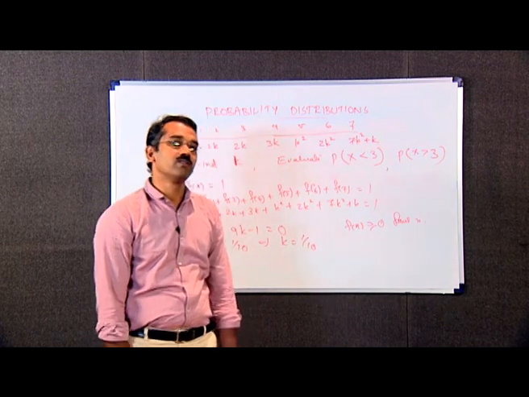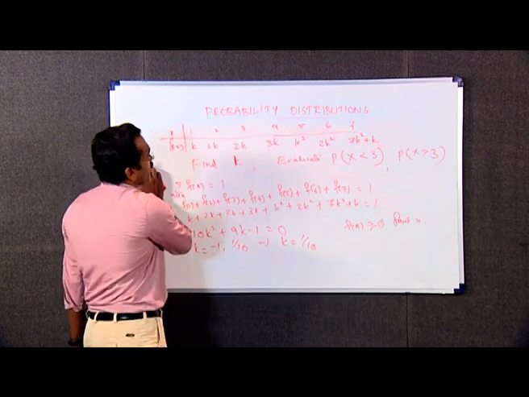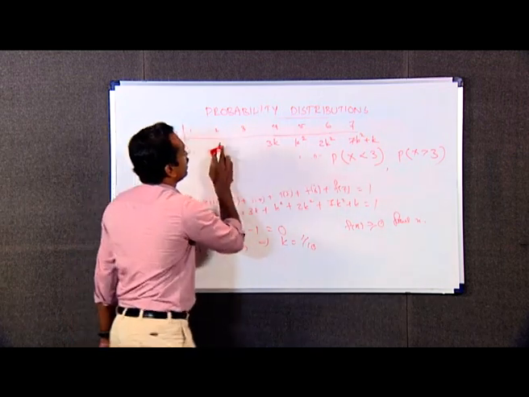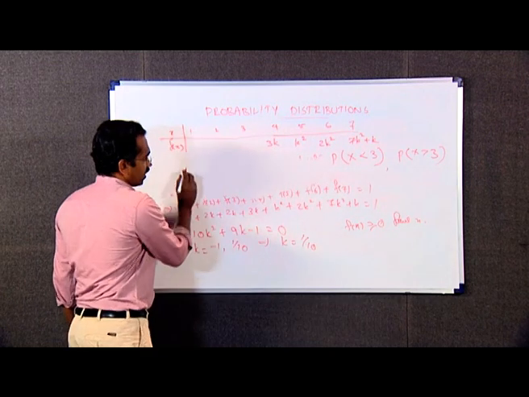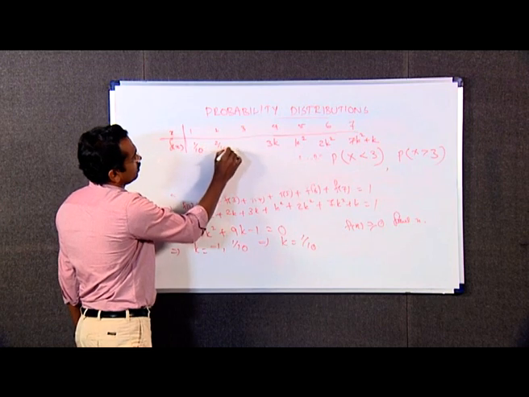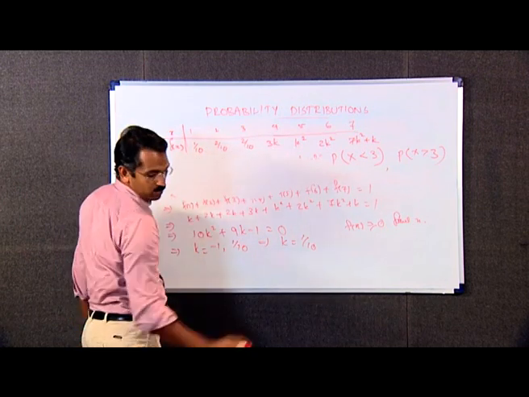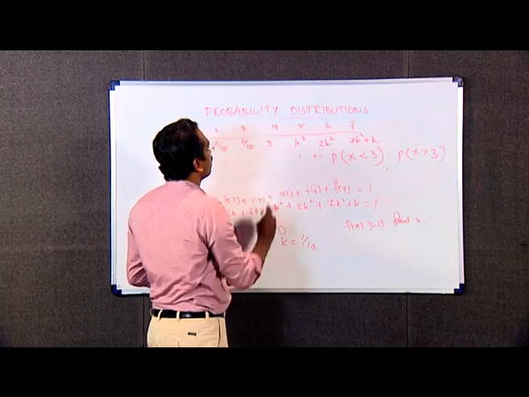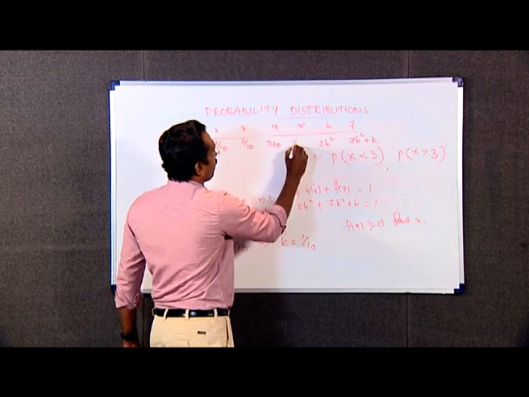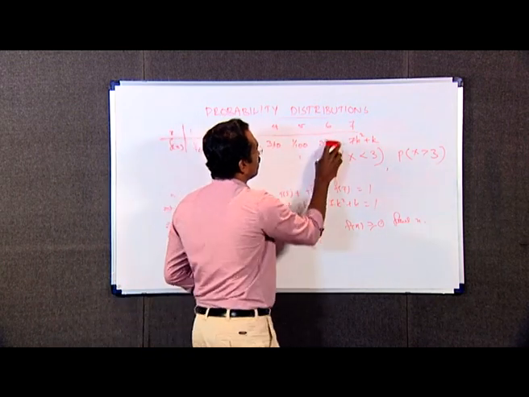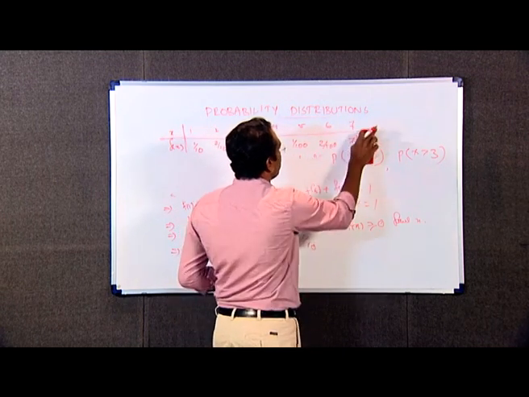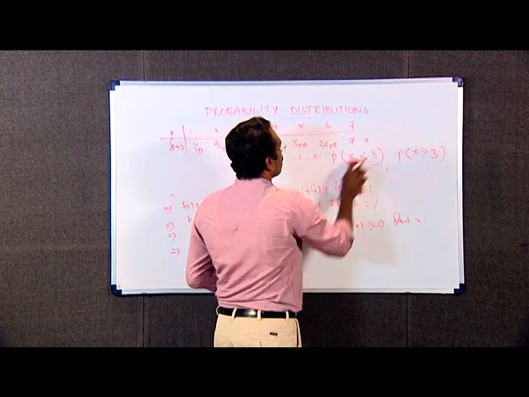Therefore, the given function can be written by replacing all k: 1 by 10, 2 by 10, this also 2 by 10, this is 3 by 10, here 1 by 100, here 2 by 100, 7 by 100 plus 1 by 10.